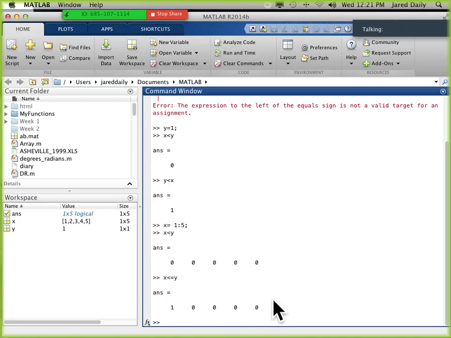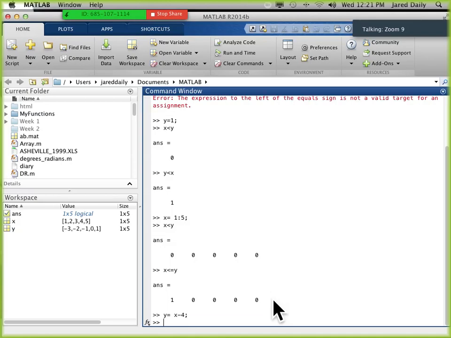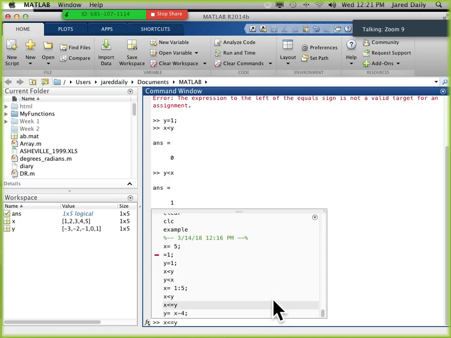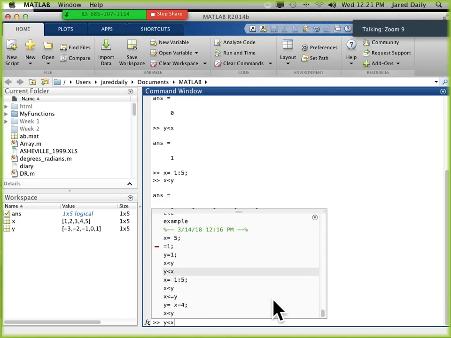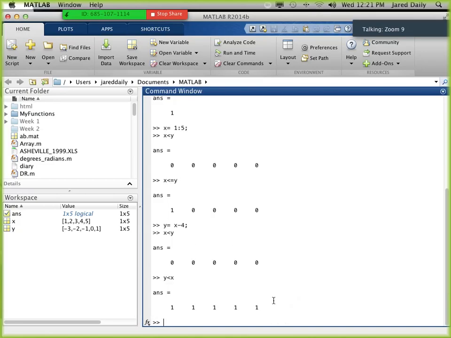We could also define y to equal x minus 4, so that y is always less than x, and then ask if x is less than y. It's always false. Or we can ask if y is less than x, and it will always be true.